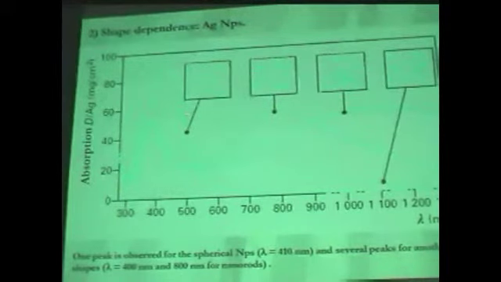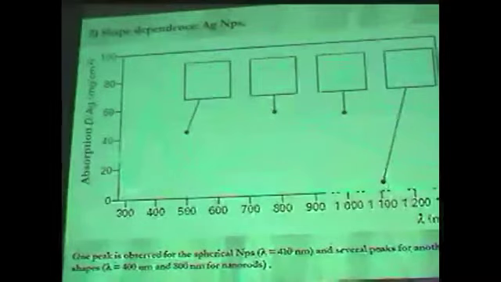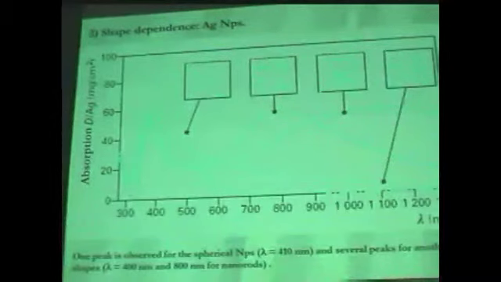In addition, the wavelength of those peaks is modified as the shape of the nanoparticles is modified. You can see the shift, for instance, for those nanorods. So there is a 200 nanometer shift between those peaks as the length of those nanorods increases.